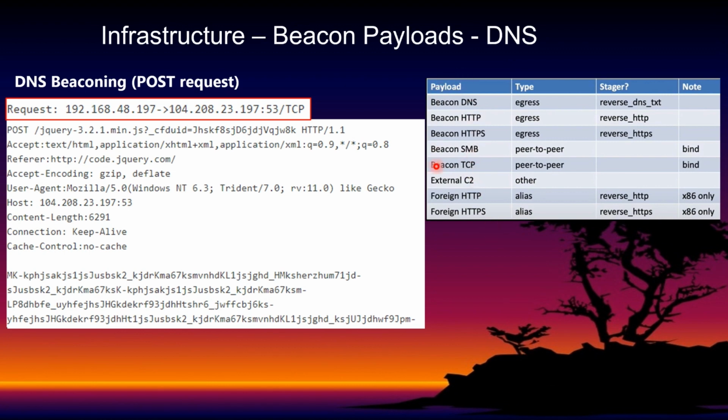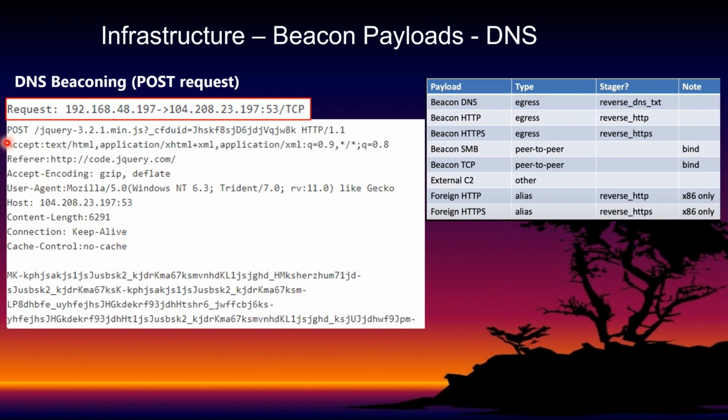Again, this is just to reiterate. I'm adding this screenshot. Here we have the request from internal to external, a POST request. It's very similar to what we actually saw with HTTP and HTTPS. Again, it's an egress type of listener.